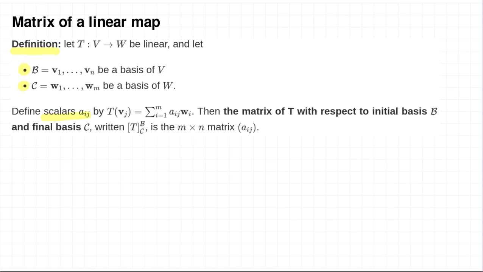So the scalars Aij are the ones which we need to write T of Vj as a linear combination of the W's. Then the matrix of T with respect to initial basis B and final basis C, which we write like this, is defined to be the m by n matrix consisting of those scalars Aij.